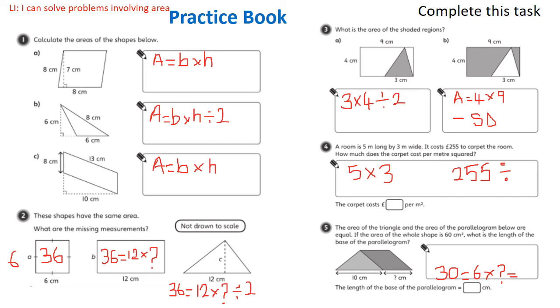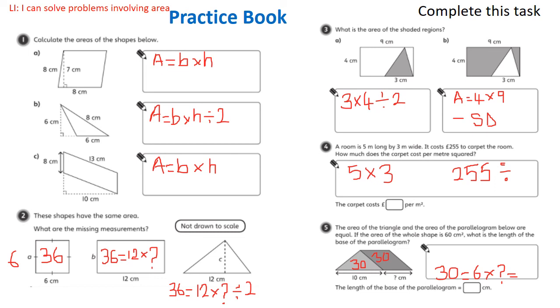Question 5. The area of the triangle and the area of the parallelogram below are equal. The area of the whole shape is 60 centimeter squared. What is the length of the base of the parallelogram? So if we know that the area of both are equal, but together it is 60, then we know that both are 30.